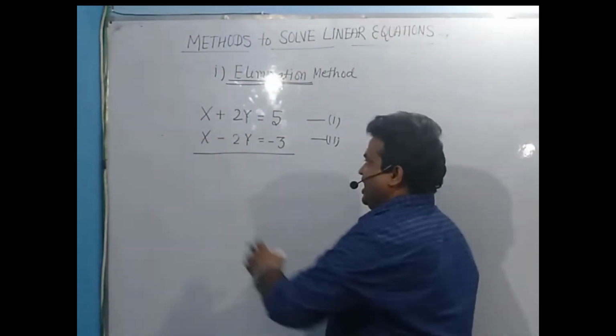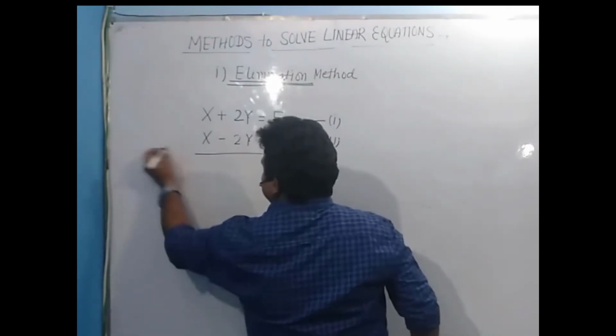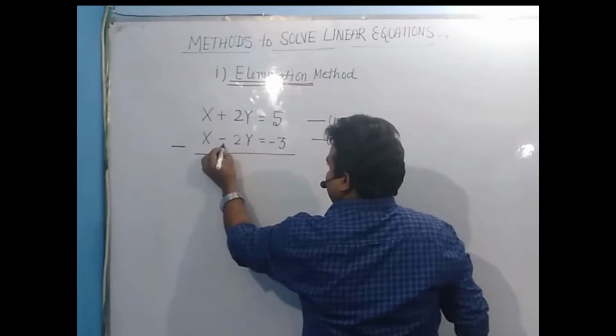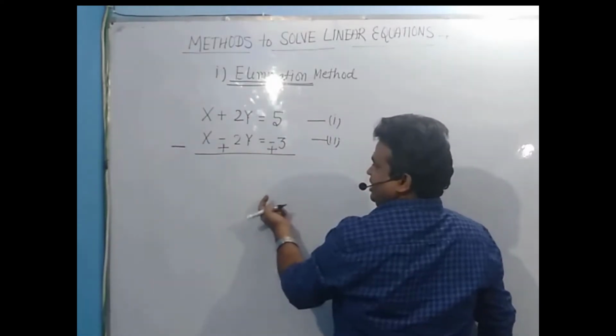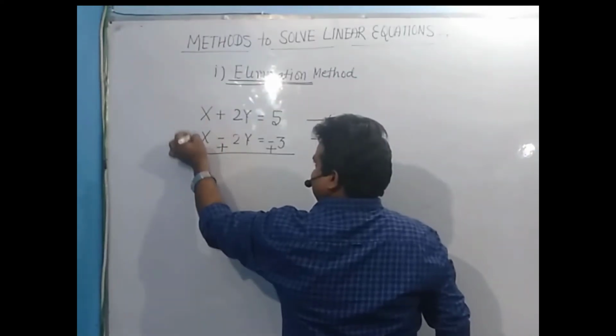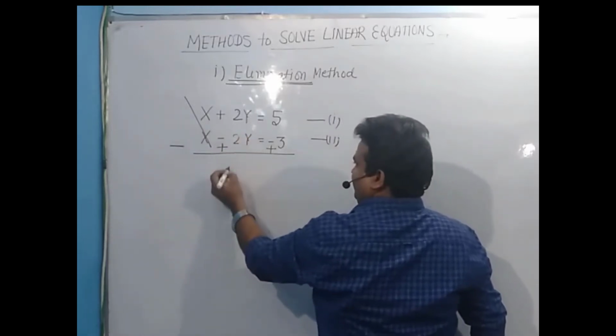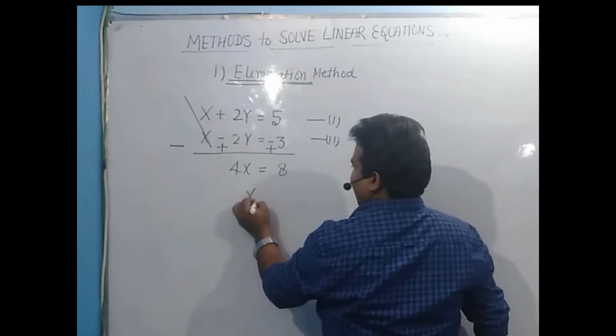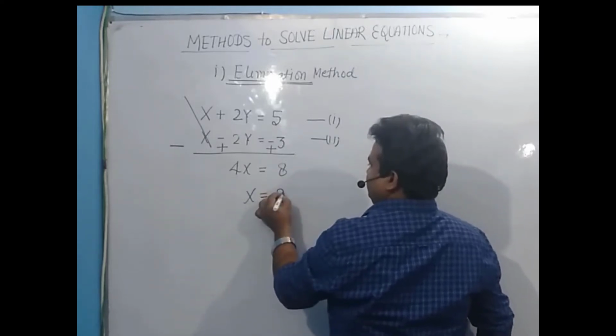Both are positive, and now I am subtracting the equations. So this comes negative, this minus comes positive, this minus comes positive. After subtracting, x plus and minus are gone. This plus 2y becomes 4y, that is equal to 8. So what is the value of x in this case? X in this case is 2.